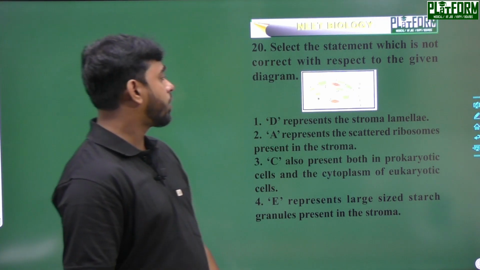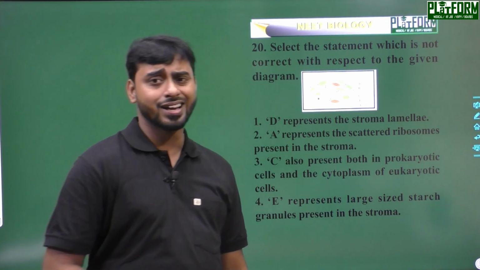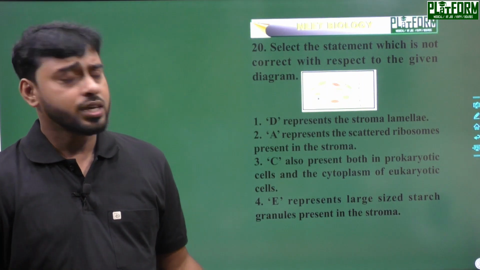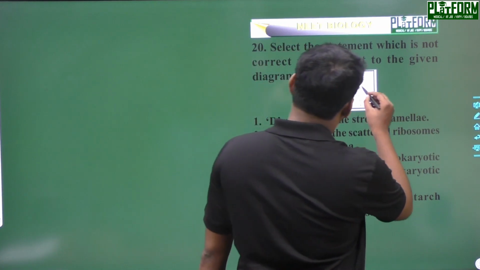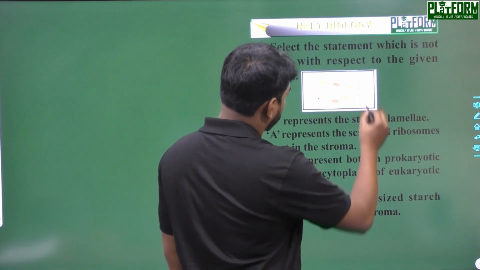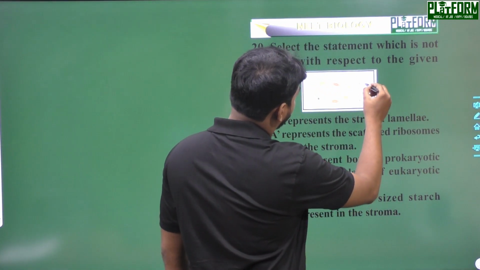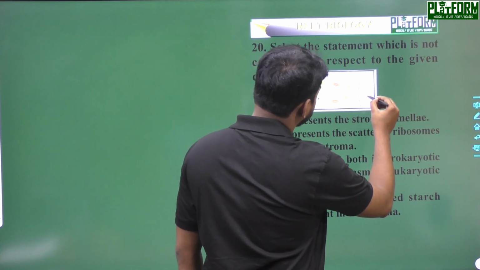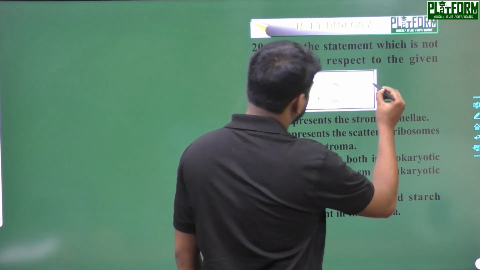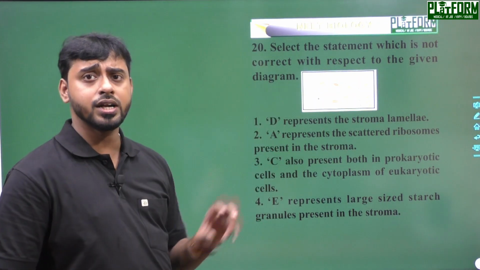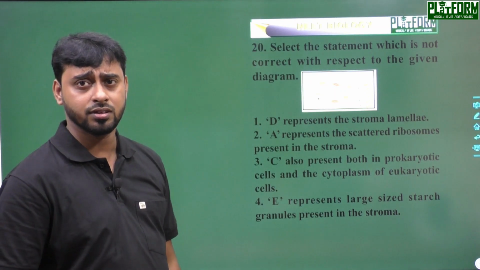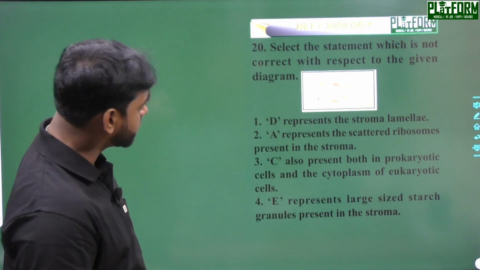Now move on to our next question. This is also a diagram based question. Okay, in this particular diagram there are few points, and these points are written in such a way that you have to identify these particular structures. Okay, what are these structures?